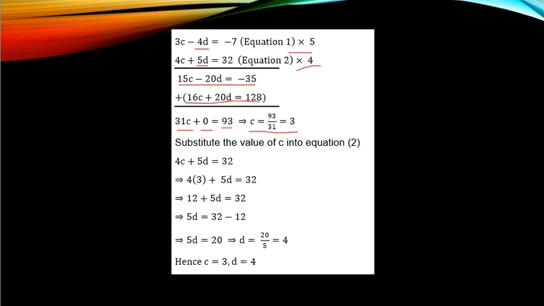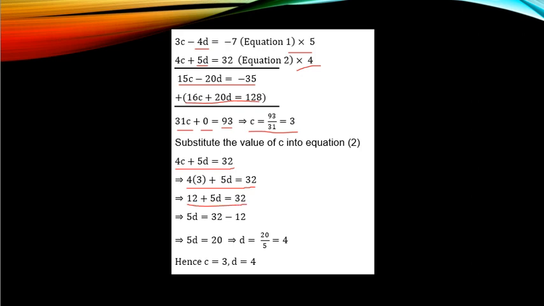So to get d, you put the value of c into equation 2. Equation 2 is 4c plus 5d equal to 32. Where you see c, you put 3, that is 4 times 3 plus 5d equal to 32. If you multiply, you have 12 plus 5d equal to 32.